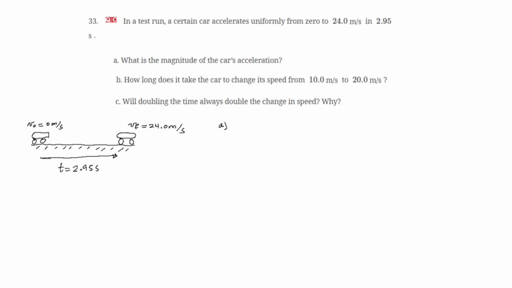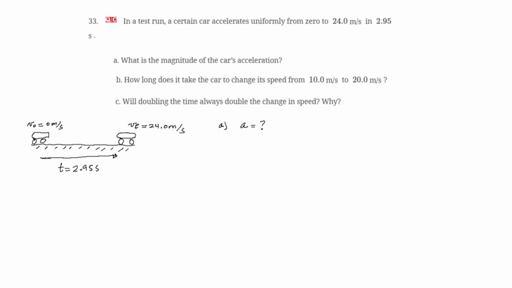So again, it's always the same process. We say the unknowns, then the equation of kinematics that combines the knowns and the unknowns. So here we have the unknown acceleration. We know the velocities, initial and final. We know the time.